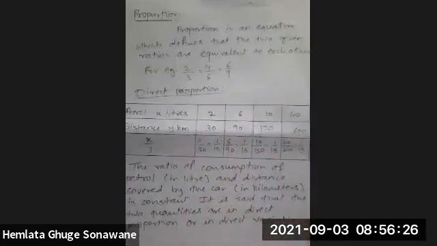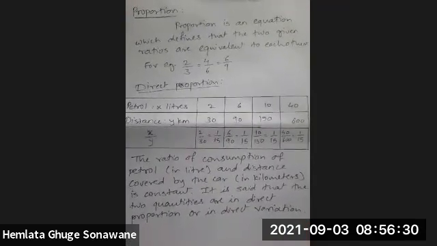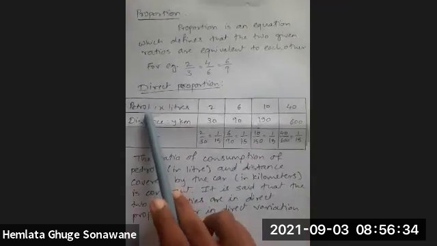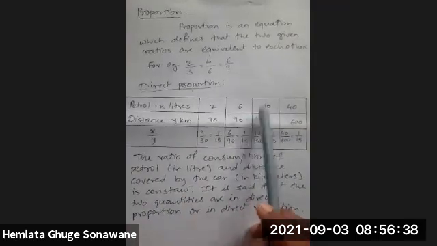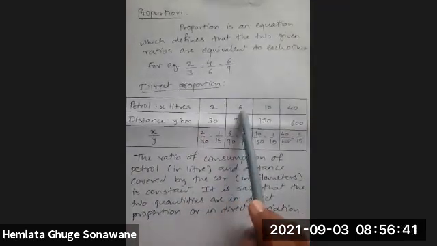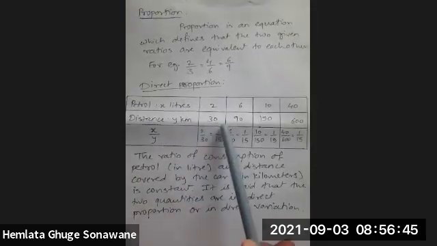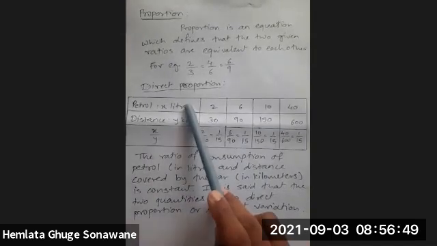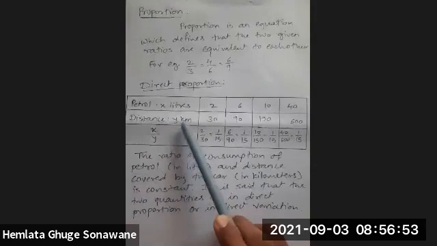Now proportion is of two types, that is direct proportion and indirect proportion. Here you can observe the example, where how much petrol is used is given in liters, and how much distance is traveled is given in kilometers. Now petrol we have considered as x liters and distance as y kilometers.